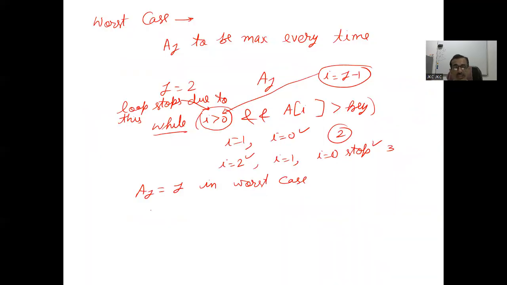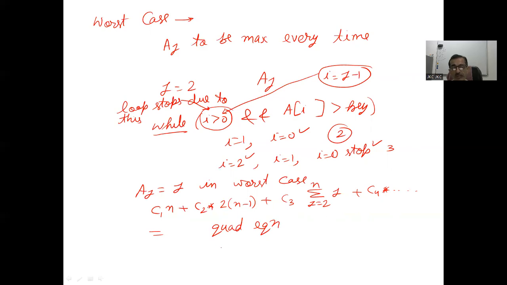So now I will say this will mean C1 into n plus C2 into 2n minus 1 plus C3 into the sum for j equal to 2 to n of j, plus similarly C4 into whatever you have done. Try to solve that. Obviously, you can easily see this will come out to be a quadratic equation. I'll leave it to you to find out what will be the exact quadratic equation.